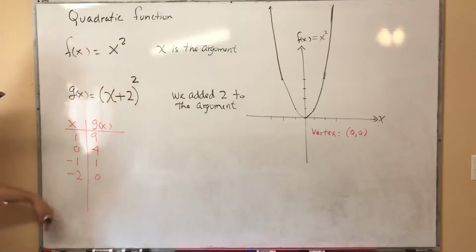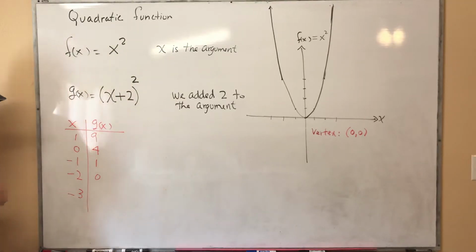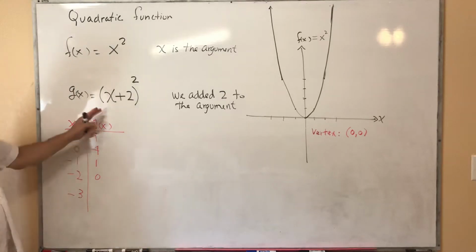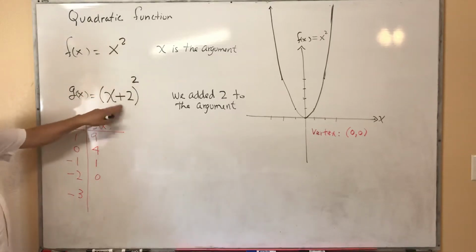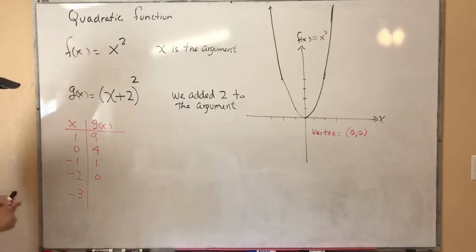Let's go down this way. Let x be negative 3. What's negative 3 plus 2? Negative 1. What's negative 1 squared? 1.